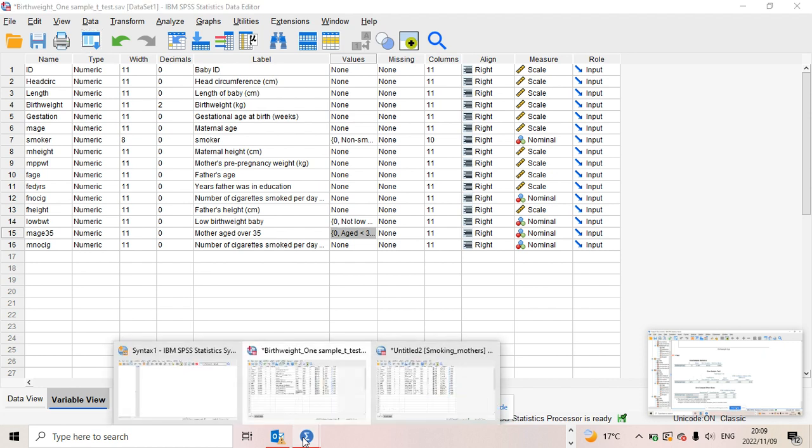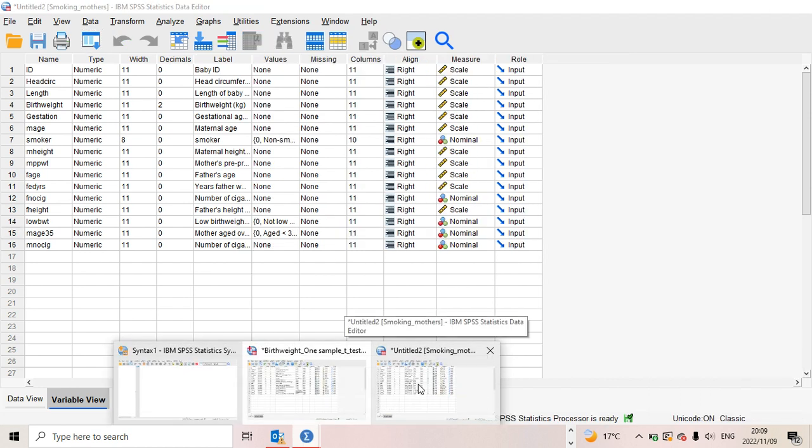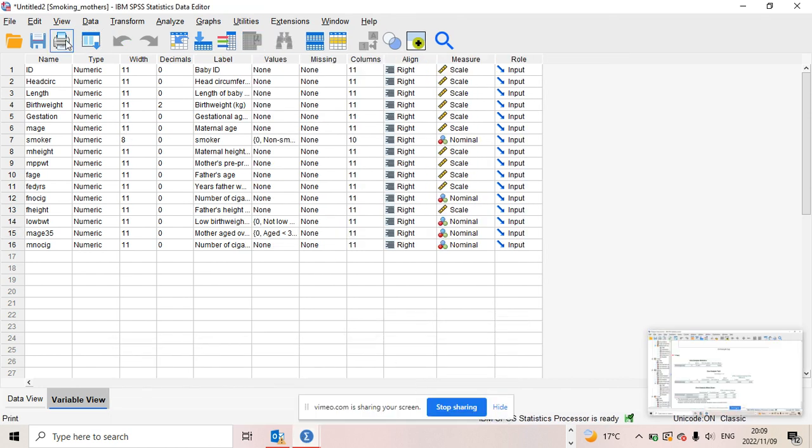The data set we have created is exclusively for smoking mothers. It's appearing here, so that means we've done the right thing. Now we need to work on this data for smoking mothers so that we can achieve our objectives.